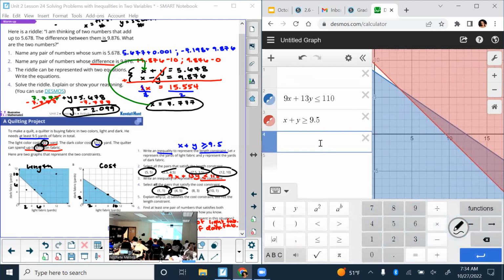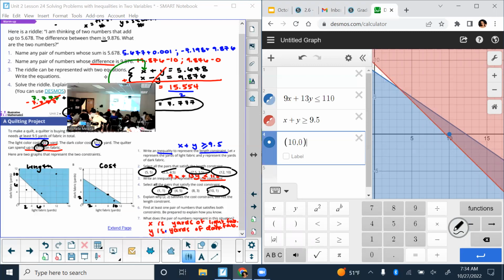All right, someone give me a pair. All right, I heard 10, 0. Let's see if it's in that overlapping shaded area. Is it? So then if you don't have anything yet, you could put 10, 0 as an example. So here I'll put my answer to number 6 over here. What else could satisfy it?